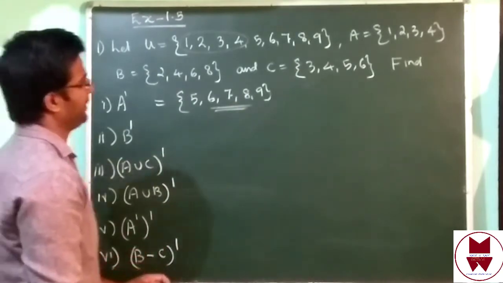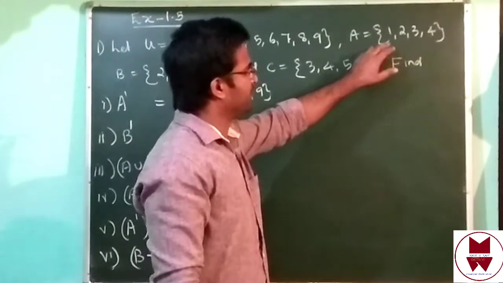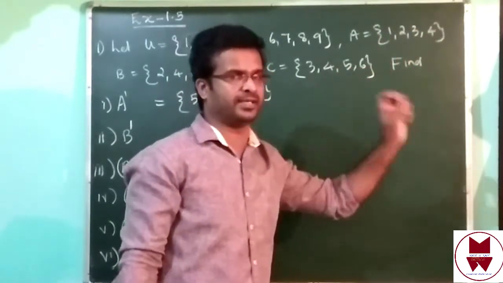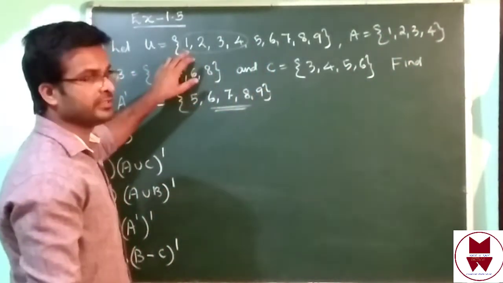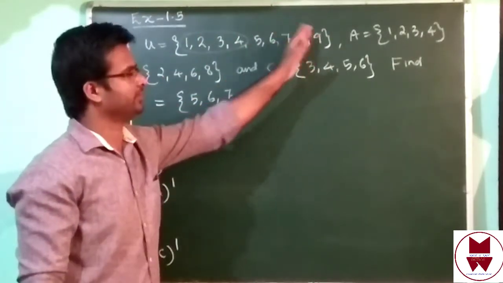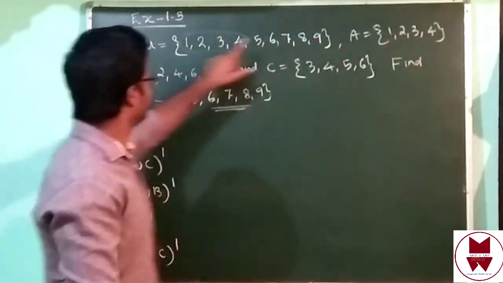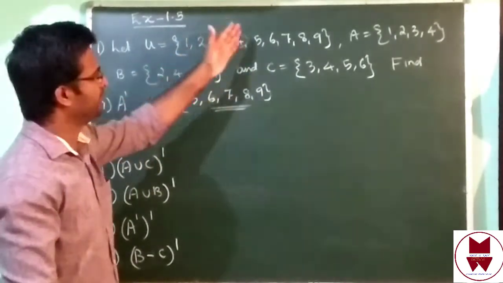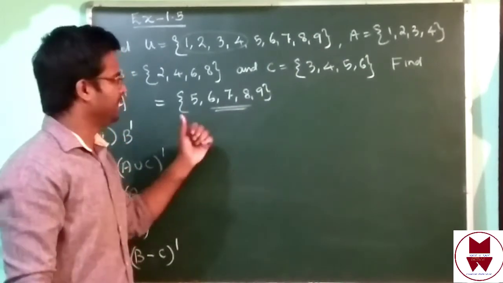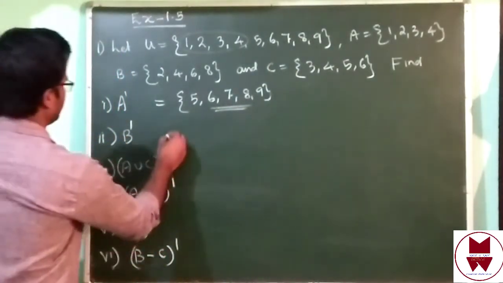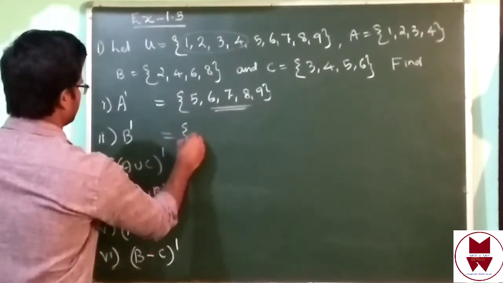A complement means, check it, the elements that are in set A are deleted from the universal set, and then you write the remaining part. Here, 1, 2, 3, 4 are deleted from the universal set, and then you write the remaining elements. That is known as A complement. Then in the same way we can also write B complement.